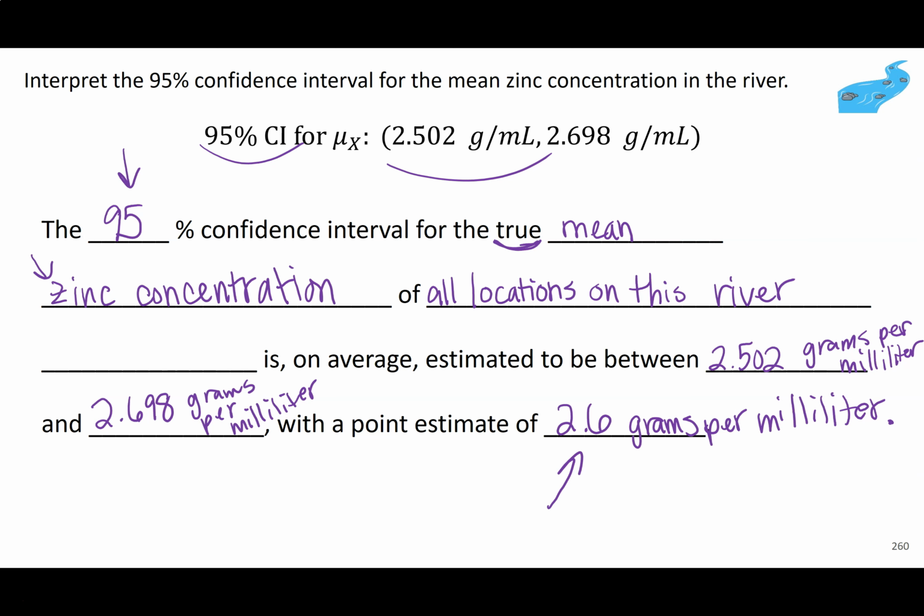We're going to be looking for every single one of these things that I filled in. I'm going to look for the percent confidence used to calculate the interval, that we calculated an interval for a mean, the variable of interest in context, the population of interest in context, then the interval itself with units, and then the point estimate from the sample.